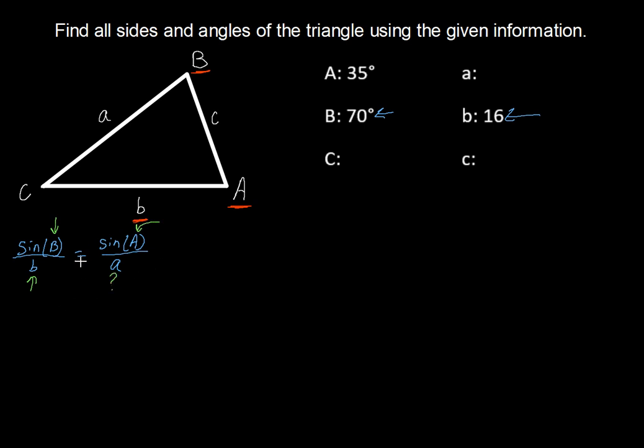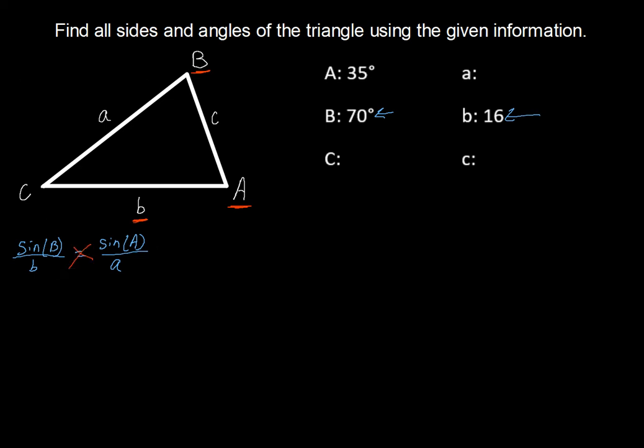Because I know everything in here except for my unknown, I can do a little bit of algebra and solve for that unknown. In this case, I'm really lucky because I'm allowed to cross multiply. You're allowed to cross multiply when you have a fraction equals a fraction. If there was anything else off to the side, then I would not be allowed to cross multiply. But since it's totally fraction equals fraction, I'm allowed to.